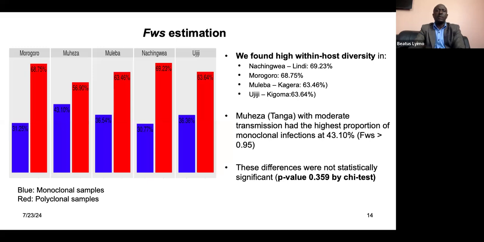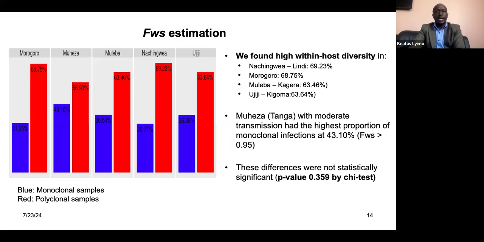From the measure of monoclonality, for which we used the FWS, we found that Nachingwea and Lindi, which is the southern part, had 69.2% polyclonal, while Morogoro had 68.75%. Muleba had 63.24%, while Ujiji had 63.46%.